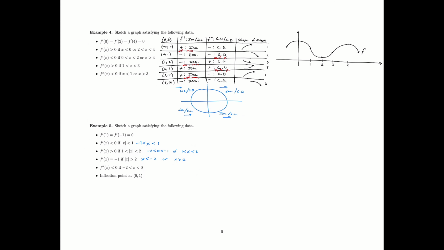If we're thinking about a number line here, important things to keep track of are the regions: less than -2, between -2 and -1, between -1 and 0, between 0 and 1, between 1 and 2, and greater than 2. So 1, 2, 3, 4, 5, 6 separate regions to consider. So that's a lot here.